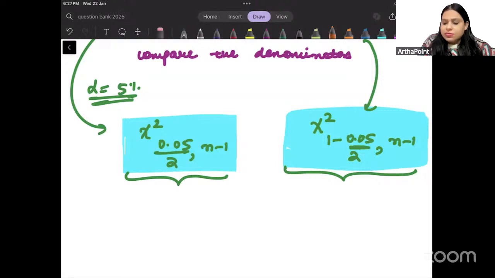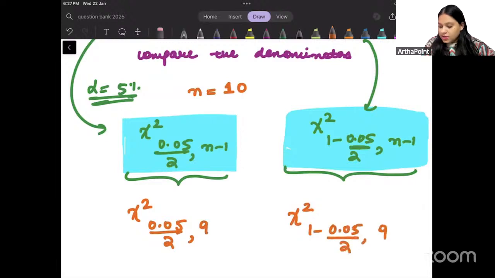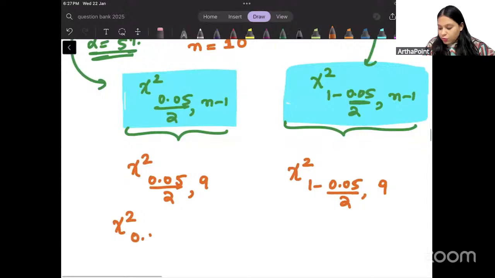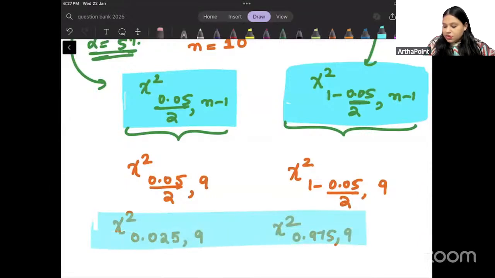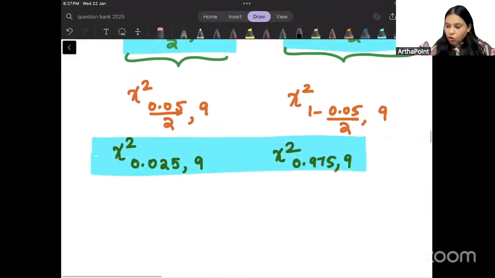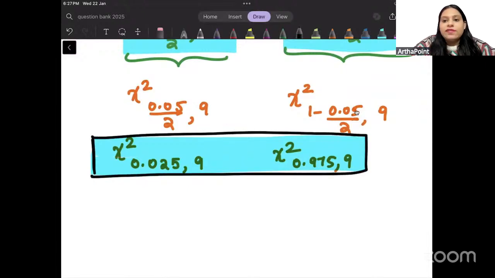Take n to be any number, suppose 10. Find chi-square for 0.05 by 2, comma 9, and chi-square for 1 minus 0.05 by 2, comma 9. That means chi-square for 0.025 comma 9 and chi-square for 0.975 comma 9. Look at the table and tell me these two values. I won't be able to open Google here, but find these two values and tell me what you are getting. You have to be very clear with this thing.